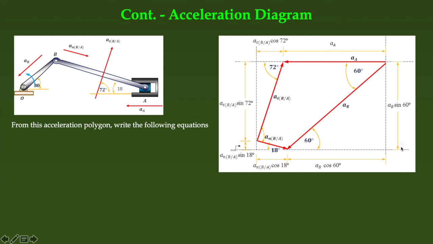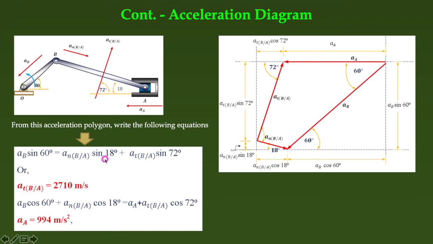So let's write down the equations. This AB sin 60 equals these two components, this and this. It is simply from trigonometry. Now from this equation AB, that is unknown, is calculated.